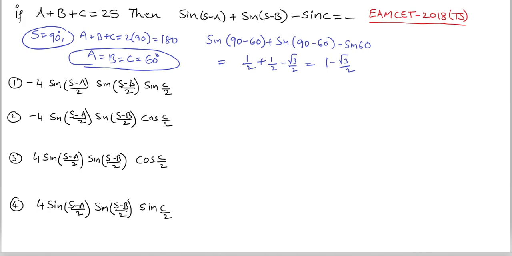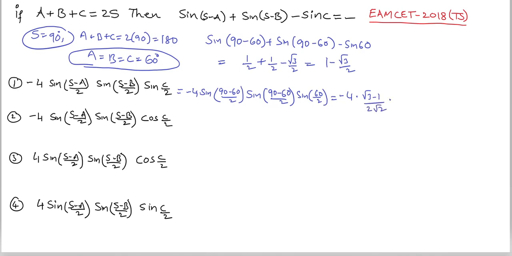For the first option, that is equal to minus 4 sine of (s minus a) by 2, that is (90 minus 60) by 2, into sine of (s minus b) by 2, into sine c by 2, that is sine 60 by 2. That is equal to minus 4 sine 30 by 2, sine 15. Sine 15 value is root 3 minus 1 by 2 root 2.